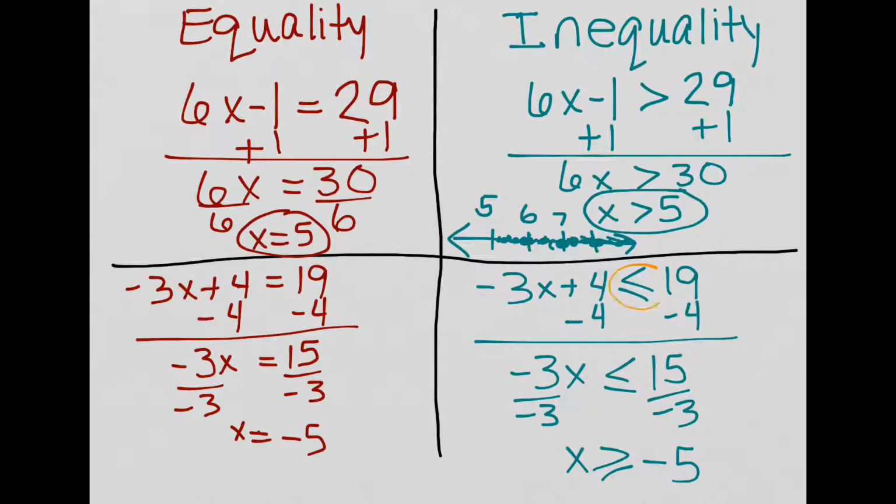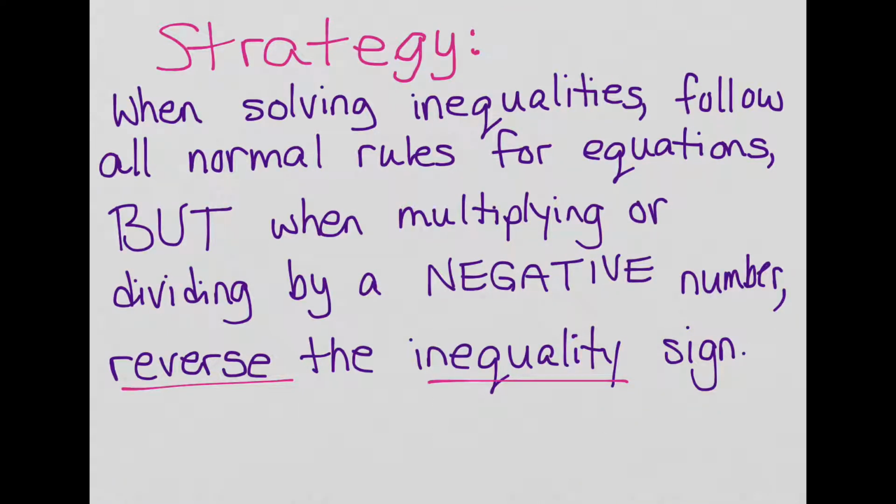Notice how it used to be less than, now it's greater than. The sign reverses anytime you multiply or divide both sides by a negative number on inequalities. And here I am dividing by negative 3, and so I had to reverse the sign. That's the extra rule. So here's your strategy.